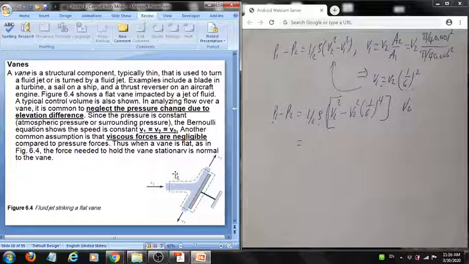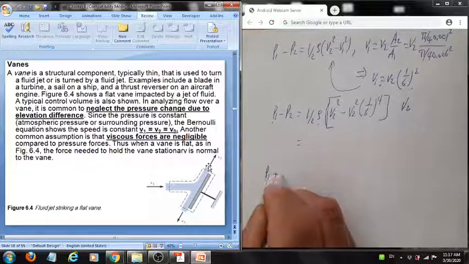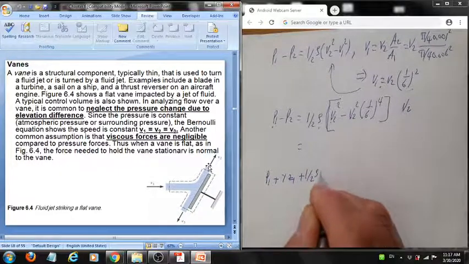Usually in these vanes we neglect pressure changes due to elevation because they are very small, so the elevation pressure difference is negligible. And also under the ideal condition we have V1 equal V2 equal V3. This can be easily shown if we apply the Bernoulli equation between stream 1 and stream 2, in this form.